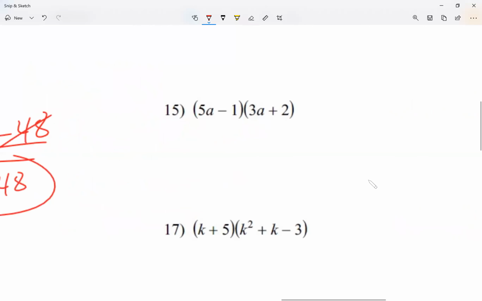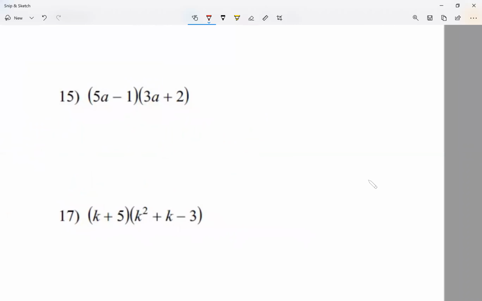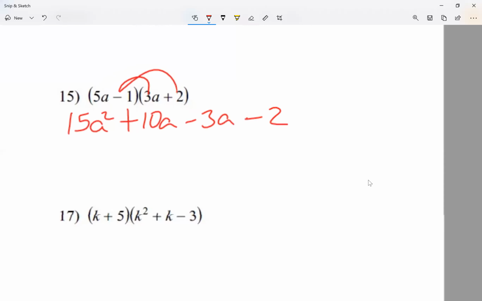Take a look at question number 15. Let me distribute 5a. So 5a times 3a is going to give me 15a to the second. Don't forget to add the exponents. 5a times 2 is going to give me 10a. Now let me distribute the negative 1. Negative 1 times 3a is negative 3a. Negative 1 times 2 is negative 2.